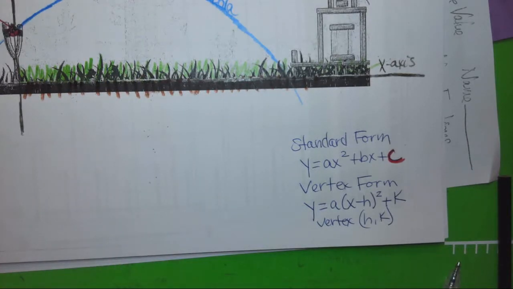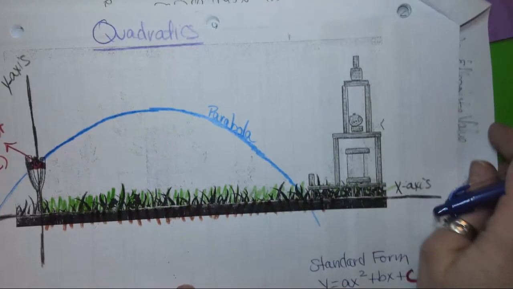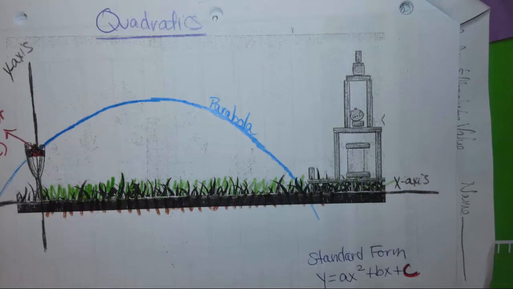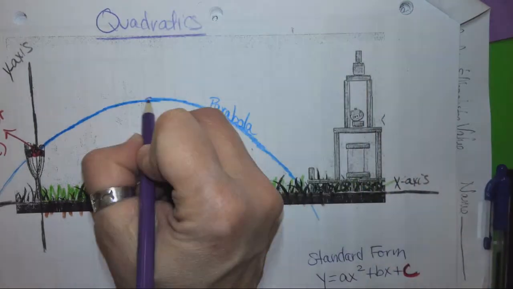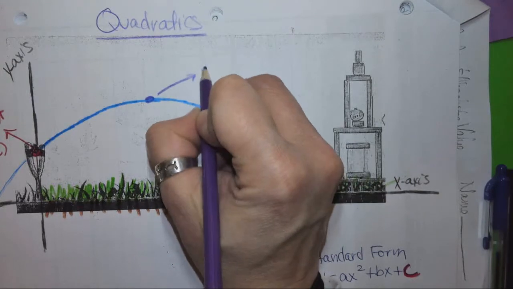So let's use a different color because I need to make it dark enough that you can see. Oh, I do have purple. So this point is our maximum.